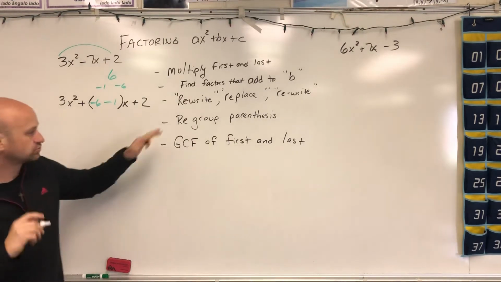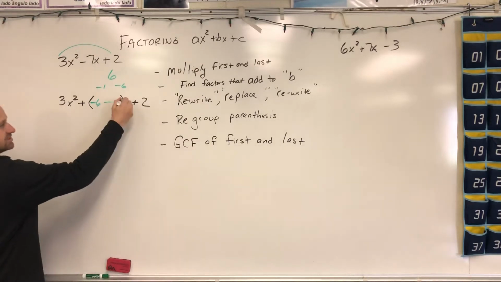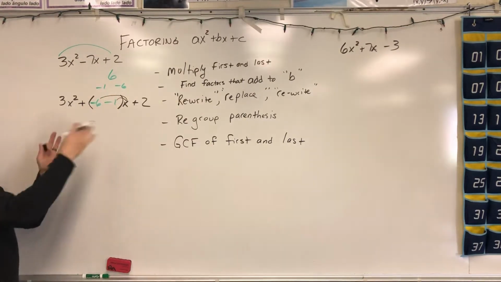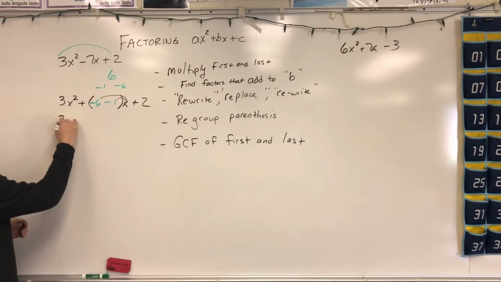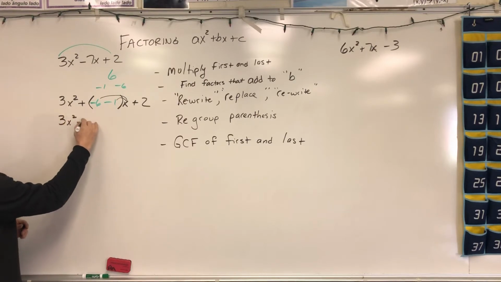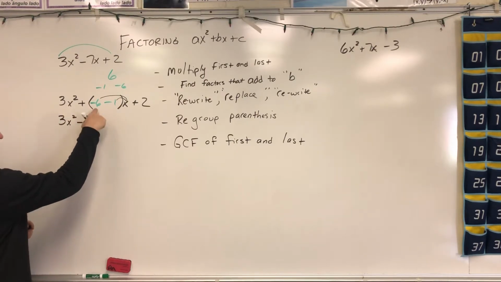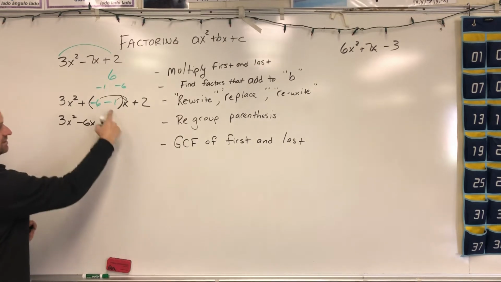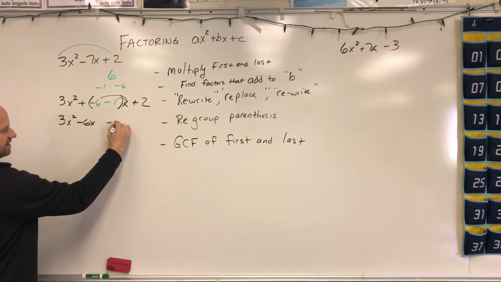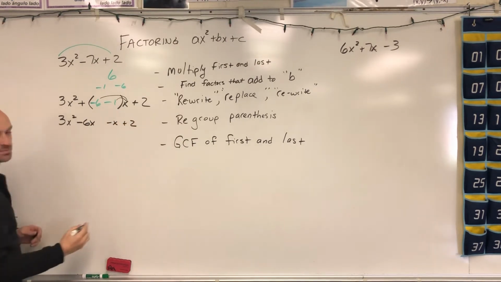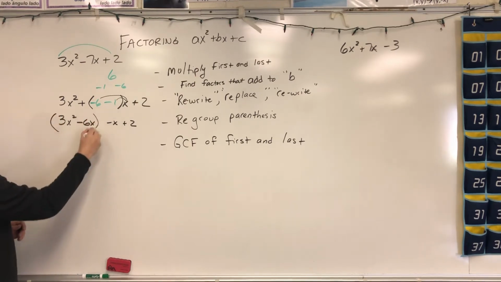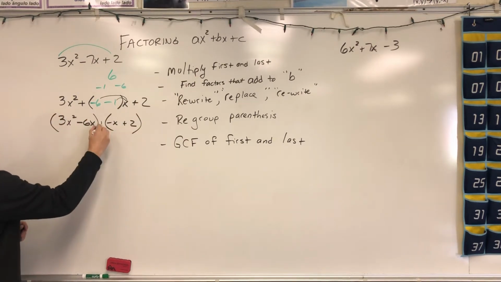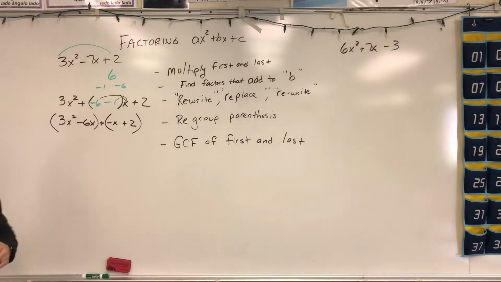Now what we want to do is regroup the parentheses. So we're going to distribute the x to both of those terms. Now we get 3x squared minus 6x, so the minus 6 times the x. Now we have a minus x plus 2. So we want to regroup these and then put a plus sign between them.